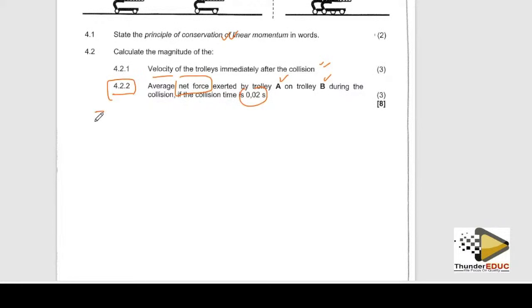So we know that F net is the same as mass times the acceleration. We know the acceleration is the rate of change in velocity. So which means it's m times (V final minus V initial) over delta t.